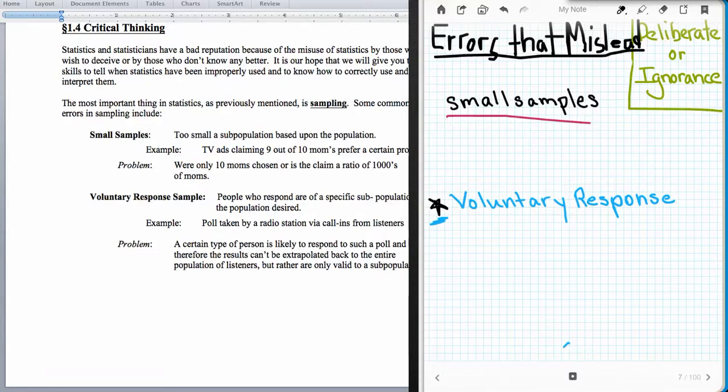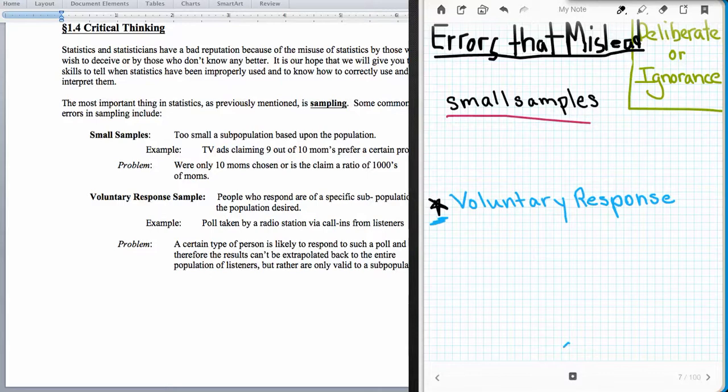Now, something else that can distort, and this could be small sample or large sample, and this kind of leads into the next thing, the voluntary response survey, is we could actually have advertisers say, okay, well, I want to find out about what people think of my product, brand X. So I'm going to give brand X away, and then I'm going to ask people what they think about it.